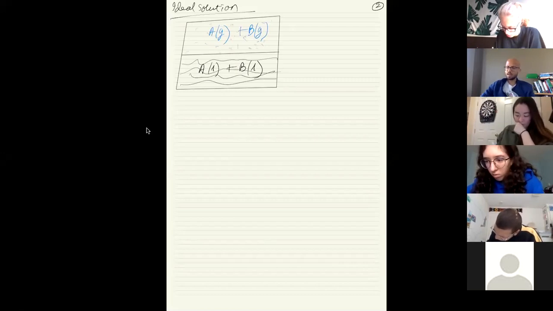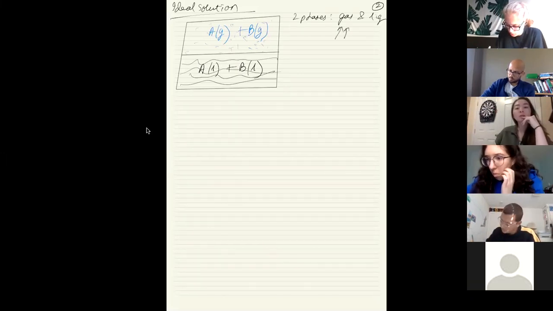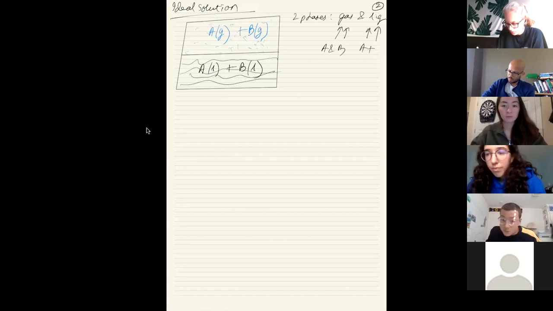The gas and liquid are now two phases, right? So here we have two phases, gas and liquid, and each phase on its own is coming from A and B. The gas has some A, the liquid has some A, the gas has some B, the liquid has some B. So we want to tackle this problem.